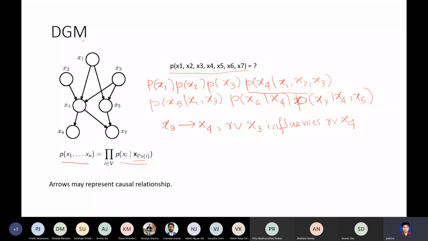I call it a causal relationship, but it's actually an influence. In certain cases, these two are the same. It's an influence of one on the other if you have a direct edge. So let us concretize a little bit more what this influence means.